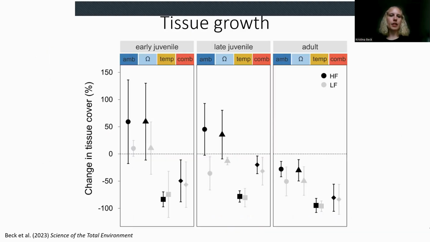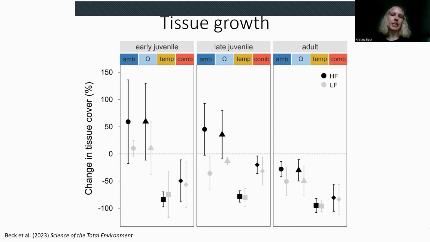This graph shows the change in tissue cover of the different life stages and the different treatments. And here you can clearly see that the early life stages, so the early juveniles and the late juveniles, were doing quite well in the ambient and aragonite undersaturated treatment.